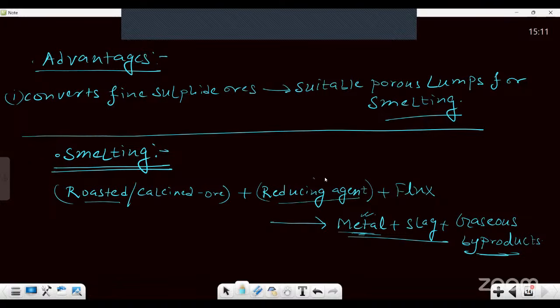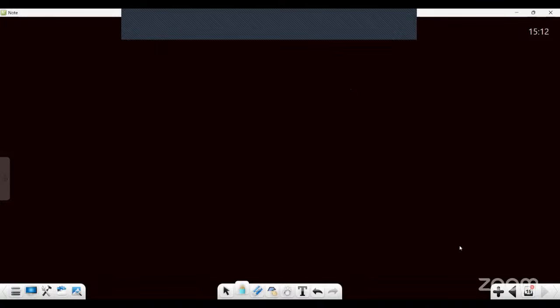Obviously this is a pyrometallurgical route, so heat has to be there, usually at high temperature. You are adding flux so that metal, slag, and gaseous byproducts you are getting.